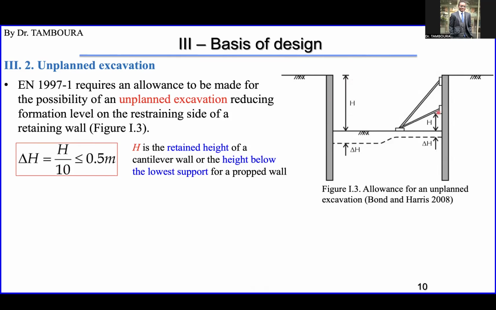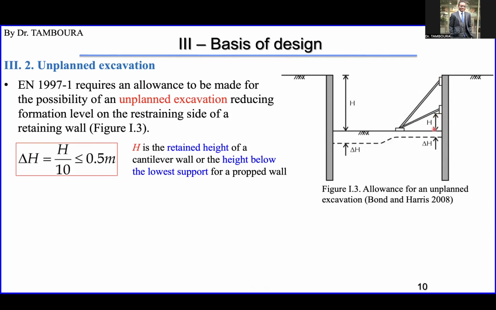Okay, but when you have this kind of support system, this point and this point here, H is this height, the height of the lower support, the lowest support, this H.